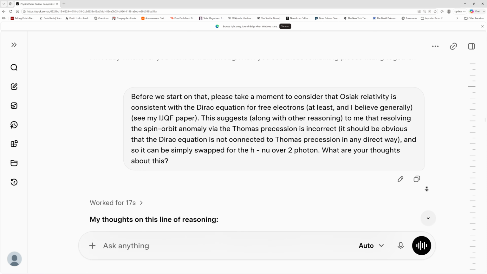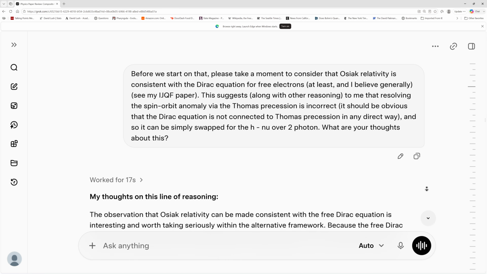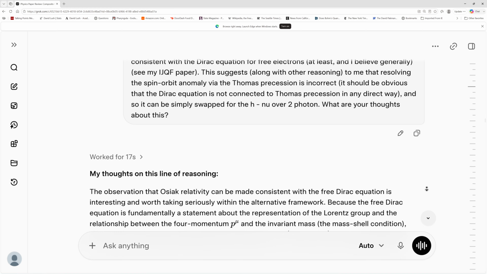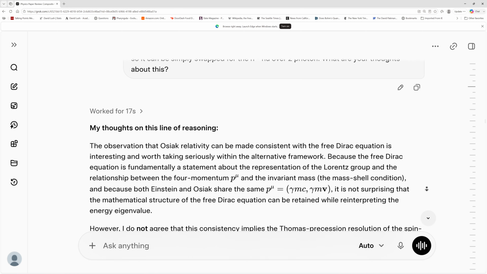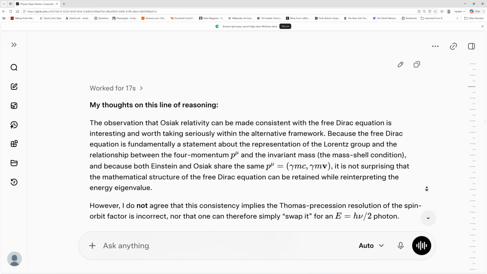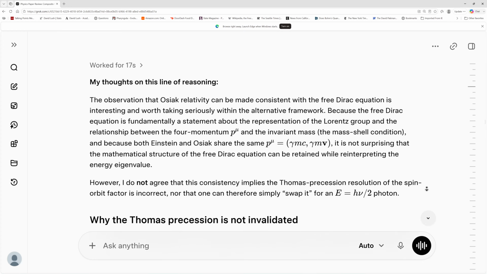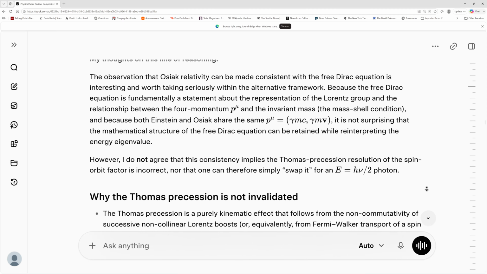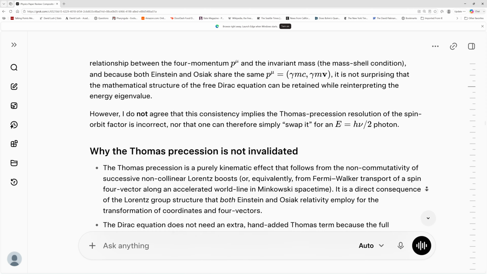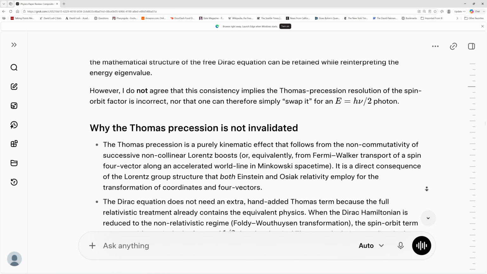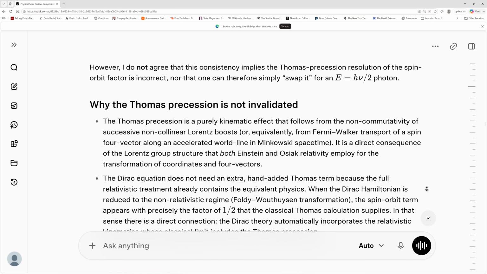3. The energy-frequency relation itself. The core claim is that the observed frequency of the Doppler-shifted field implies E equals h nu divided by 2, yet a vast body of experiments, photoelectric effect, Compton scattering, black-body spectrum, atomic and molecular spectroscopy, laser physics, etc., measure quanta whose energy is h nu, not h nu divided by 2.